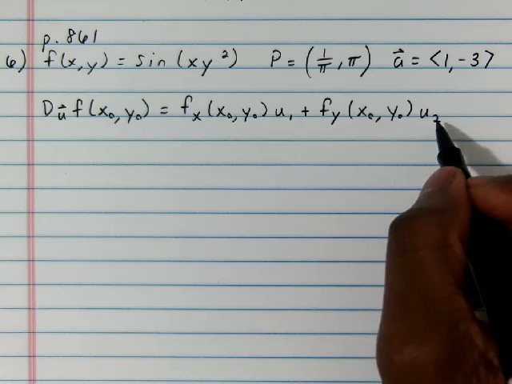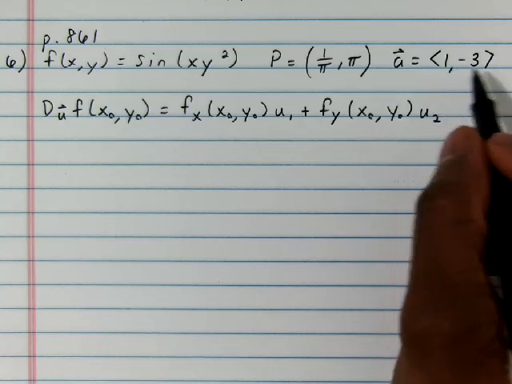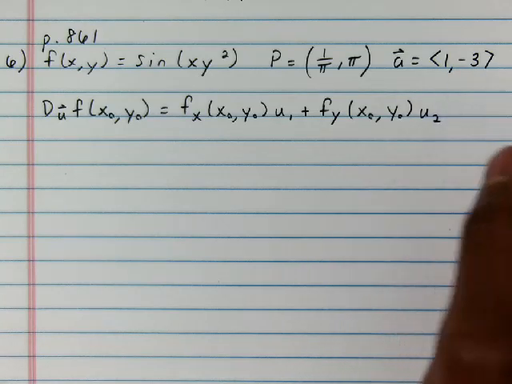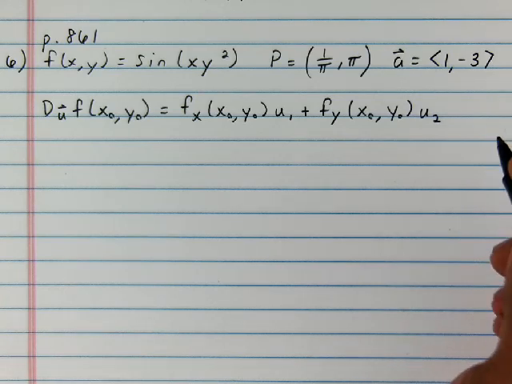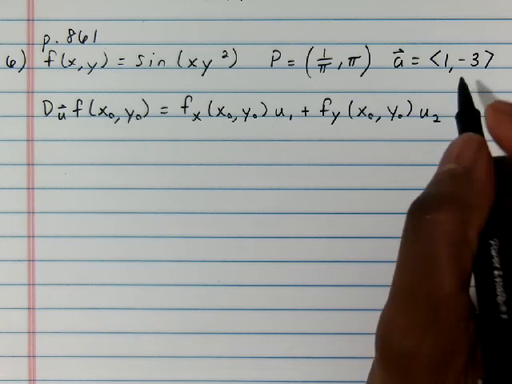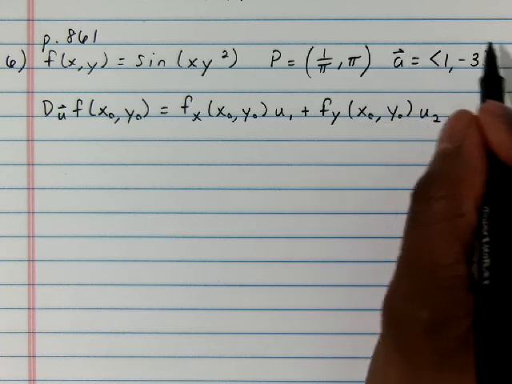So I don't want to use the components of a specifically unless it's a unit vector. So your first order of business is to determine, is this a unit vector?